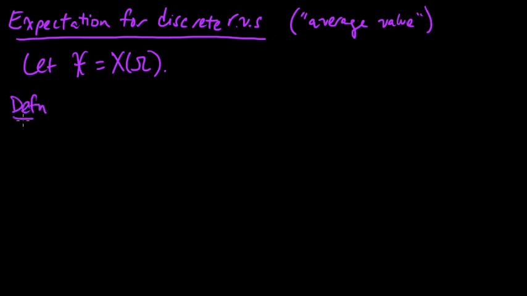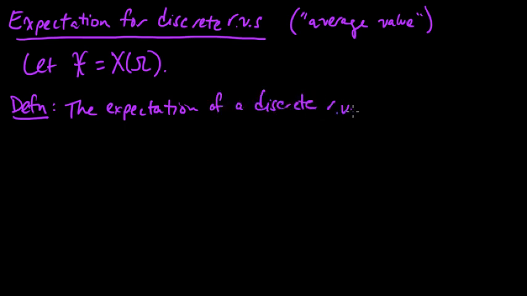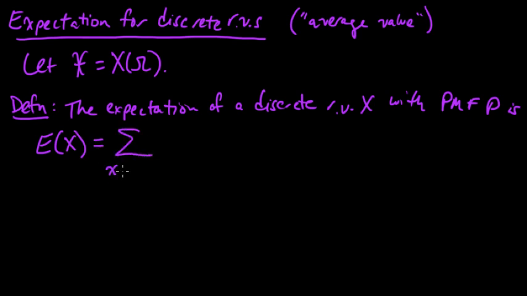And so the definition of expectation, sometimes called the expected value or the mean of a discrete random variable x with PMF lowercase p, we denote it by capital E of x, and it's the sum over all the values, little x, that x may take, of that value times p of x, the probability that x takes that value.